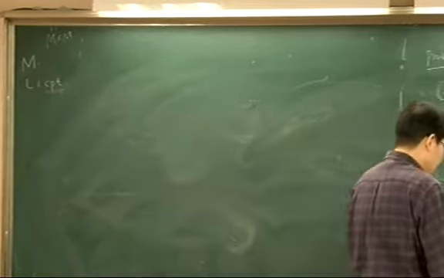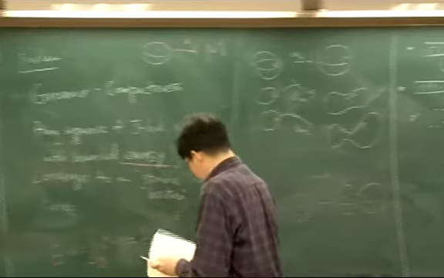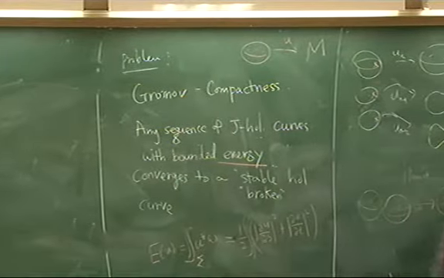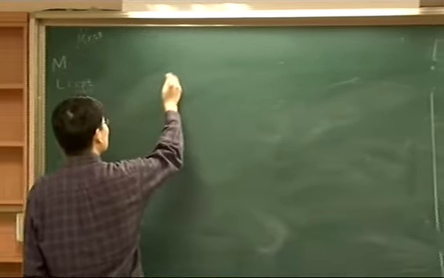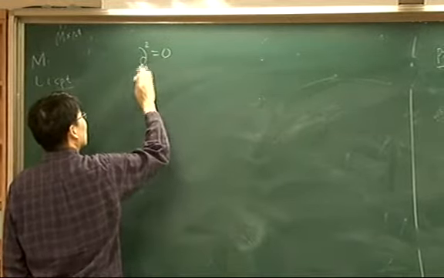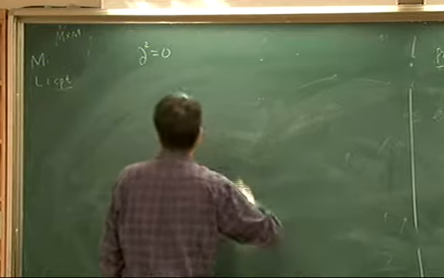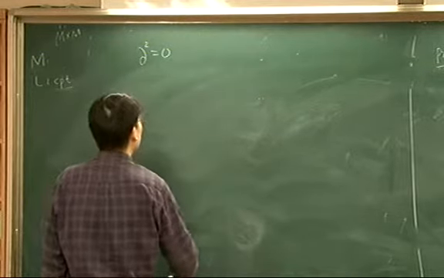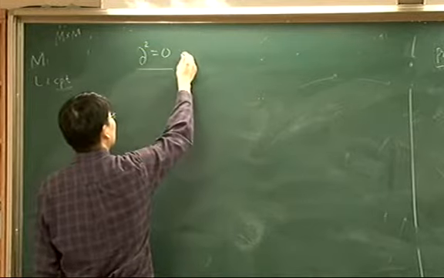Okay. So the standard argument that boundary squared being 0 is the following.